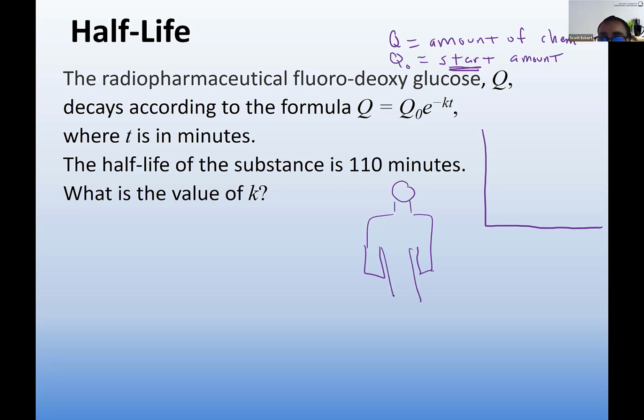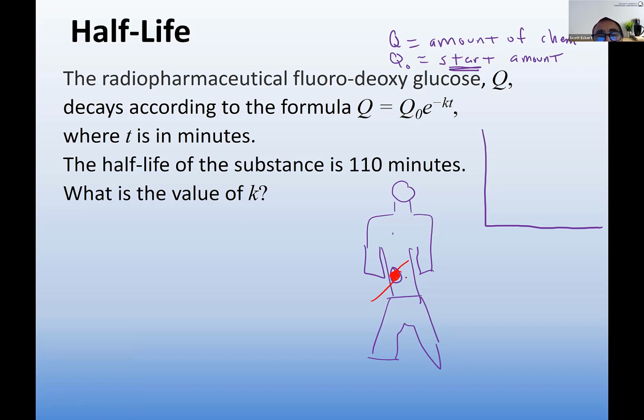When they take an X-ray of a person who has got cancer, what's going to happen is the cancer, if it's right here, the cancer is going to suck in all that sugar. It's not going to suck in all of it, but it's going to gobble up a lot of it. So when they take the X-ray, this spot is going to glow because it's radioactive.